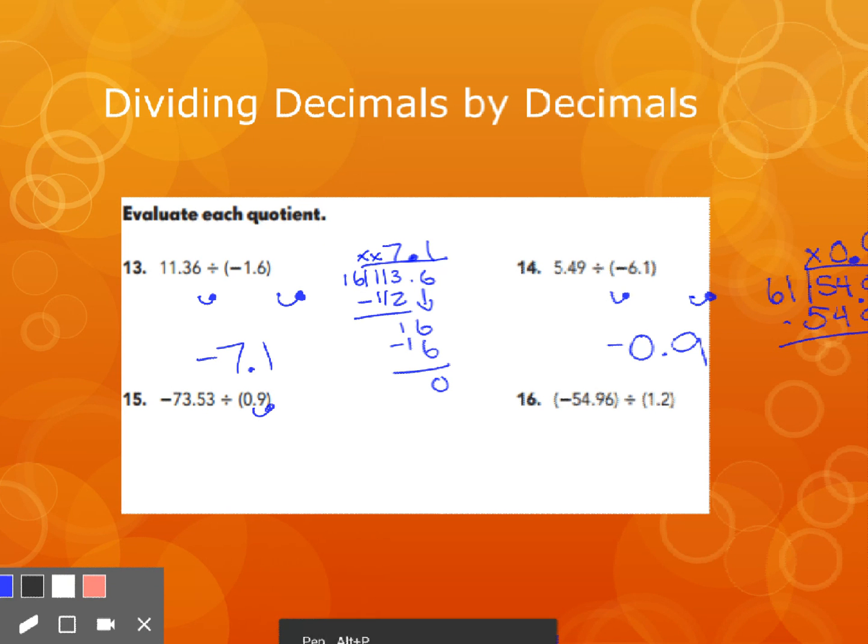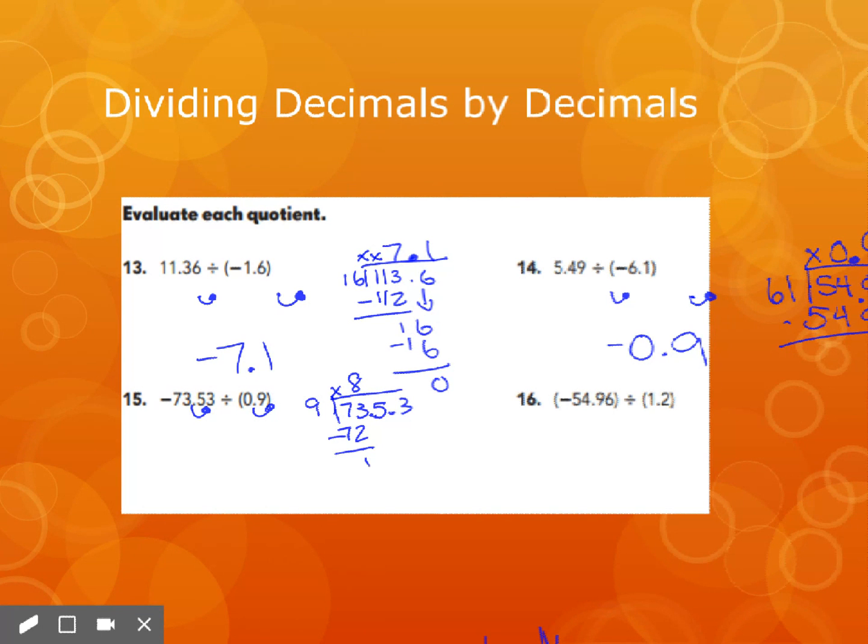Okay, moving your decimal is always the first thing you do. And then set it up as long division. So 735.3 divided by 9. 9 goes into 7 no times, but it goes into 73 8 times. 72. 9 goes into 15 once, of course.